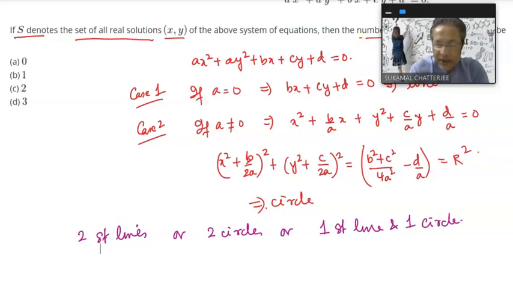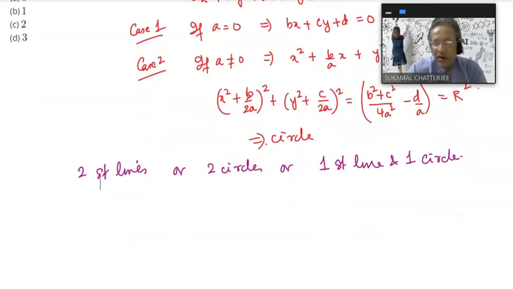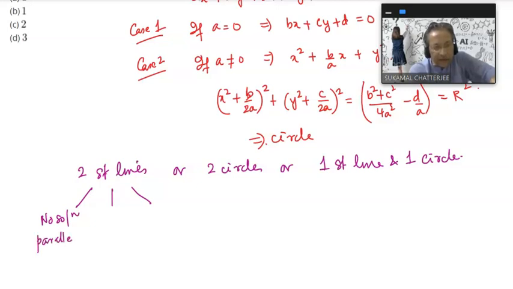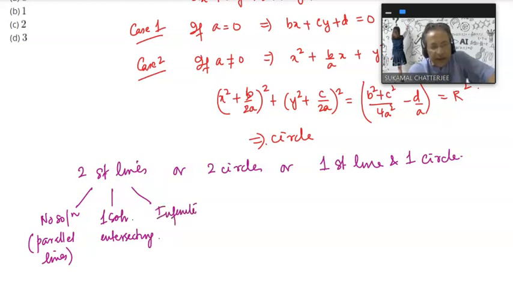They can be coincident, which means infinite solutions, or they can intersect, which means there is one solution. So no solution means lines are parallel, one solution means lines are intersecting, and infinite solutions means the lines are coincident.